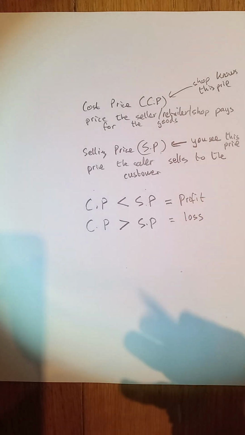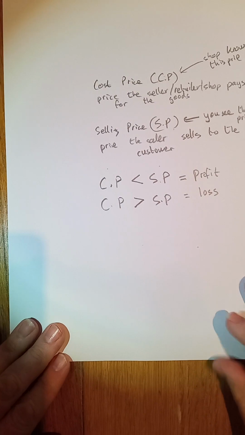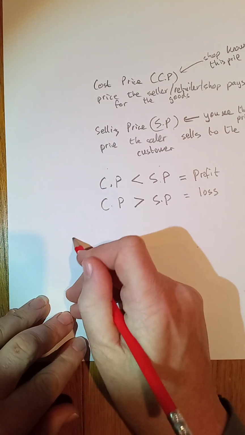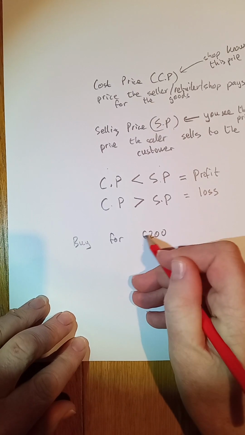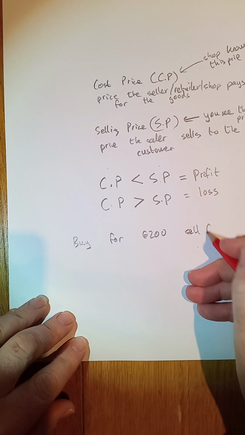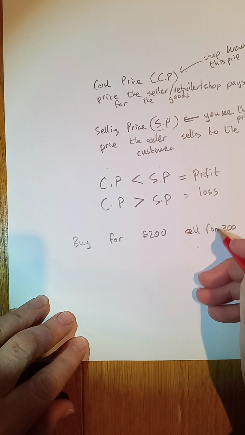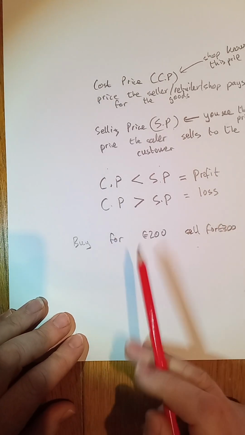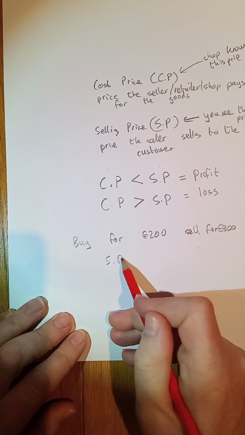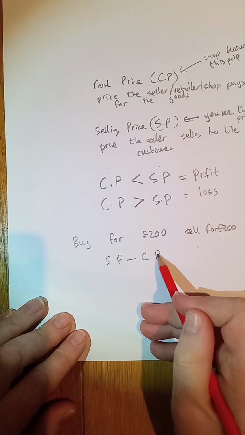Okay, so we'll do a simple example. Okay, so I buy for €200 and sell for €300. So how would I know whether I made a profit or loss? Okay, so all I do is take my selling price minus my cost price.